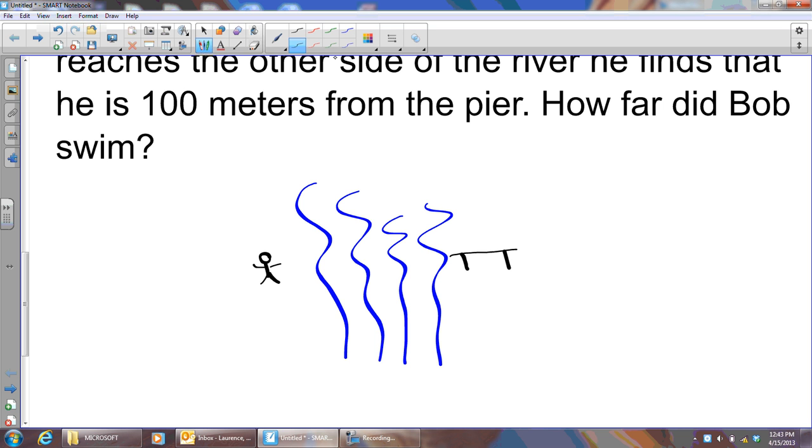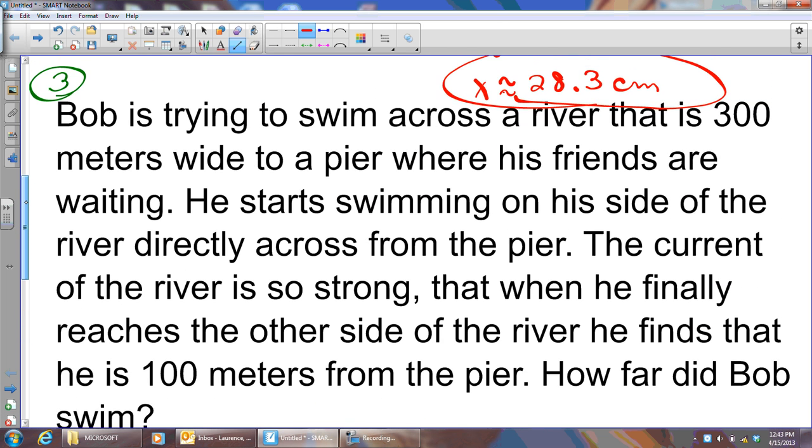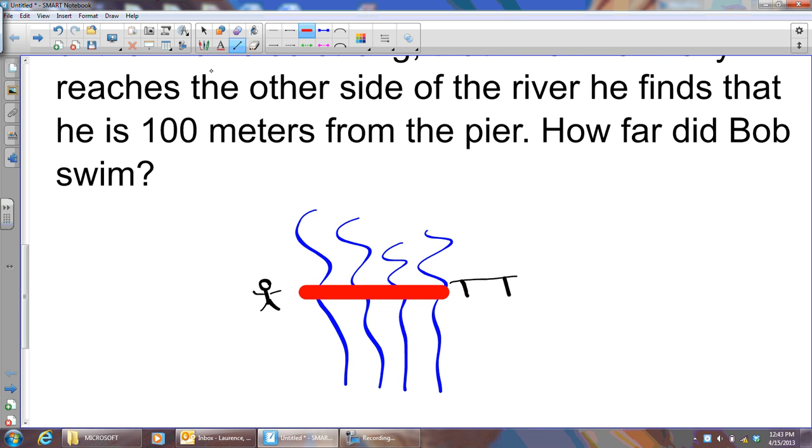Now I'm told that this distance here is 300 meters, I think. Is that right? Yeah, 300 meters wide. So he's 300 meters away from the pier.